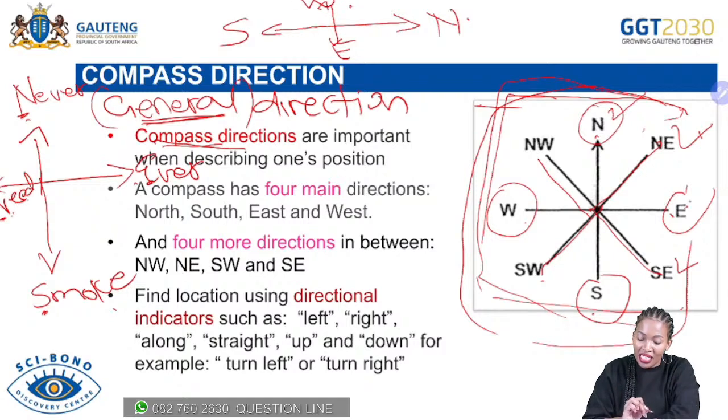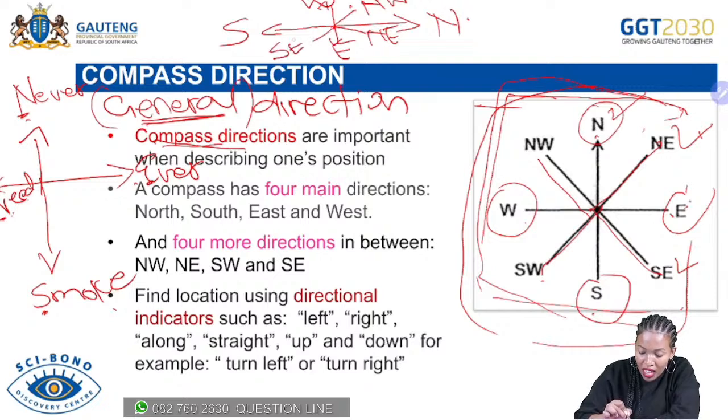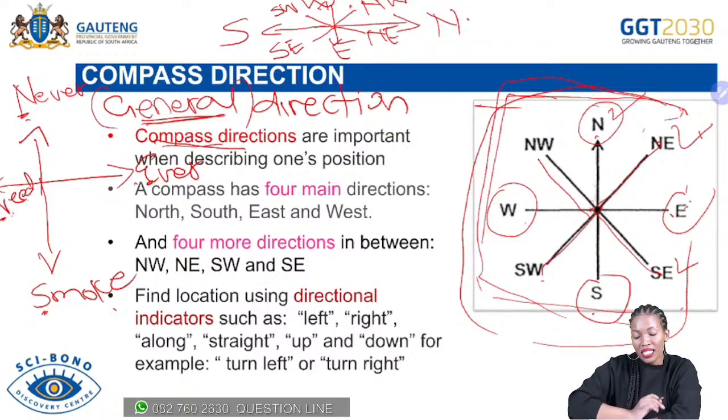There is your completed compass direction. And in between you've got the northwest. Here you've got the northeast. This side you've got the southeast, and then finally you've got your southwest, and then you've got a complete compass direction. Remember guys, you are expected to know this by heart.